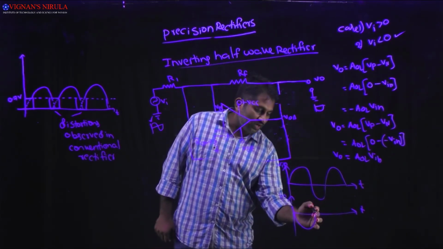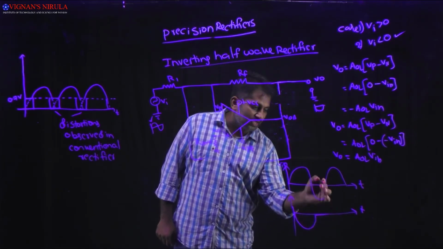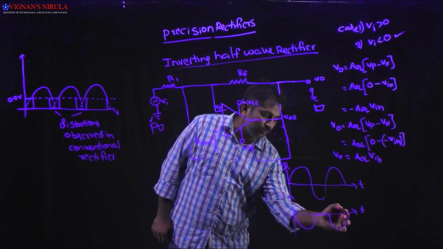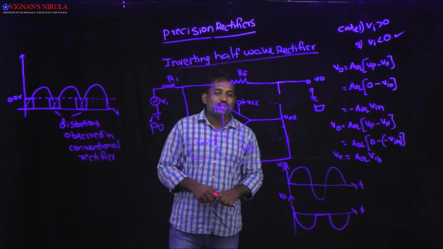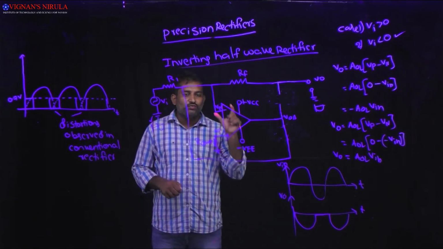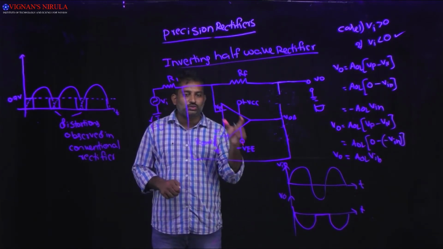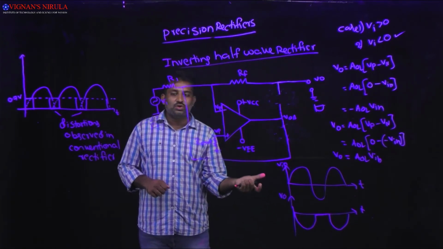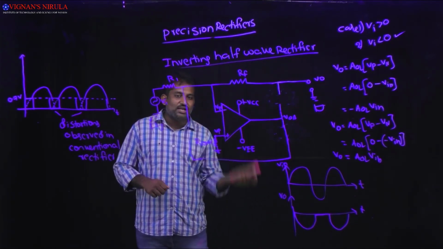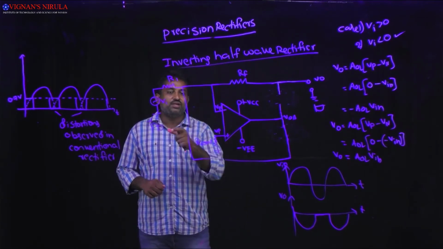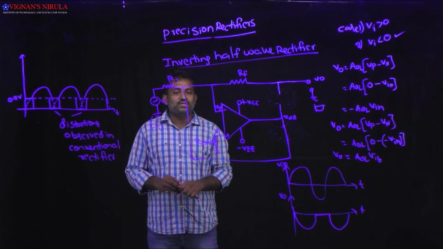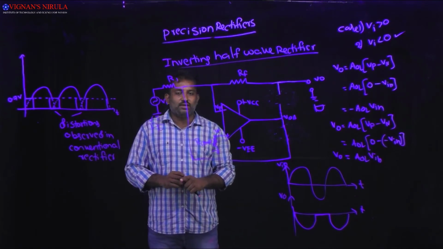Once again, for the positive peak you will get a negative peak. So finally what we conclude is, if you apply the input as a positive pulse, you will get the output as a negative pulse. So you will get an inverted output for the given input. That's why we call it an inverting half wave rectifier.